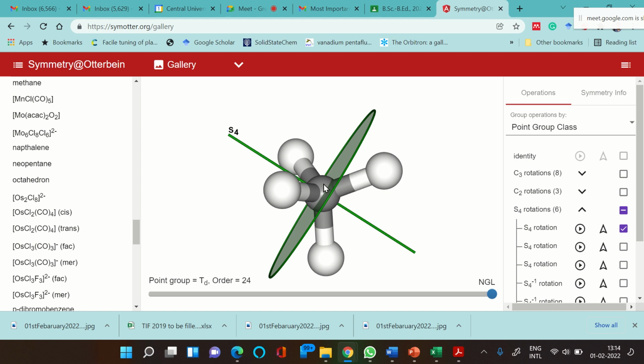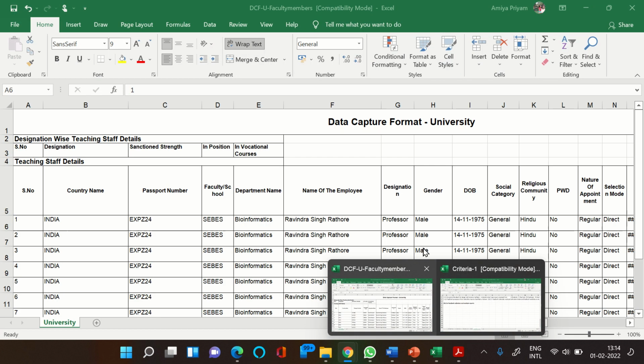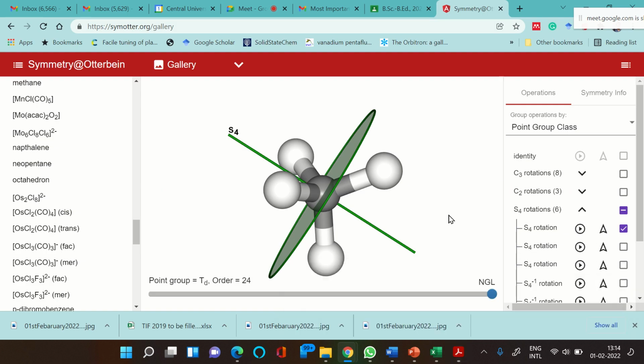So this was the example, and from here we will come to point groups. If we take many molecules and find all the symmetry elements present in each, we get a set of symmetry elements for certain types of molecules.